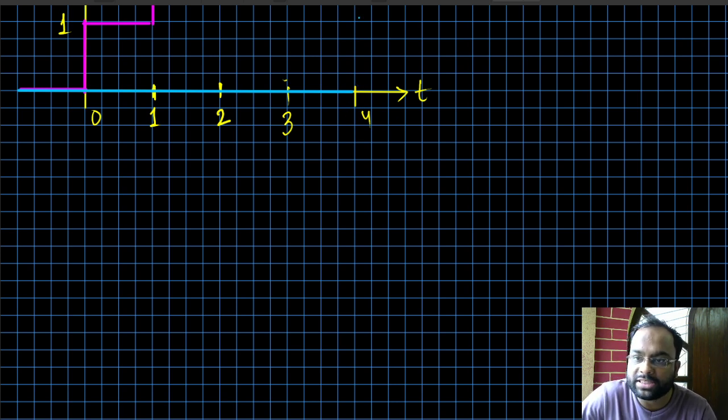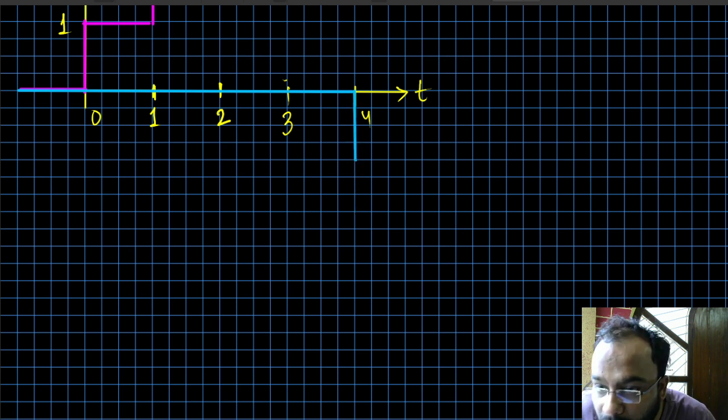Instead of jumping to a value of 1, it will go to a value of minus 3, after t equal to 4. So this is minus 1, minus 2, minus 3.